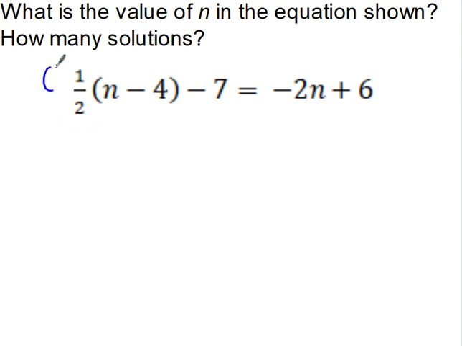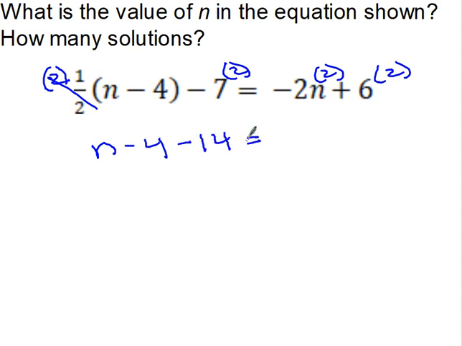Why not? So I'm going to multiply by 2, but I have to multiply every term that's not inside the parentheses by 2. And that still applies here, and I can do it on both sides of the equal sign. So that's going to make those go away. I'm left with 1 up here, so I don't really have anything to distribute, so now my parentheses are also gone. And that's minus 14.